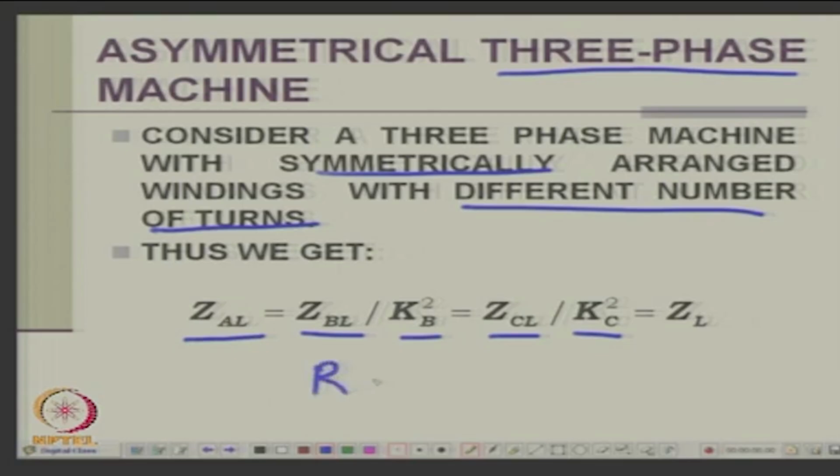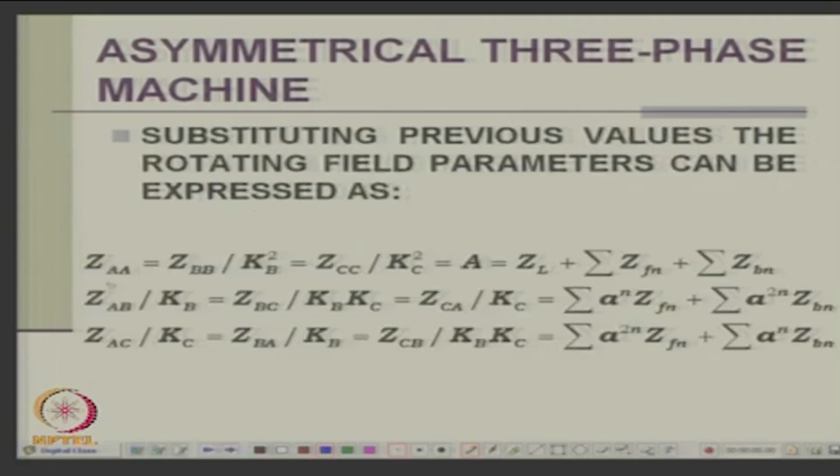Usually R and XL are normally proportional to n square, right. Resistance is proportional to n square and leakage reactance is proportional to n square. So, if you refer them, they will all have that. So, you can always write ZJA, ZJB by KB, ZJC by KC and ZBB by KB square, etc. Okay. Now, you can define all these quantities, okay.